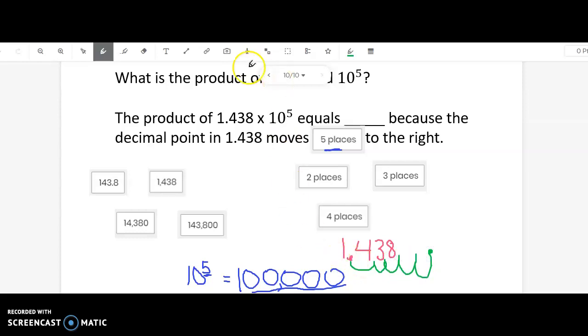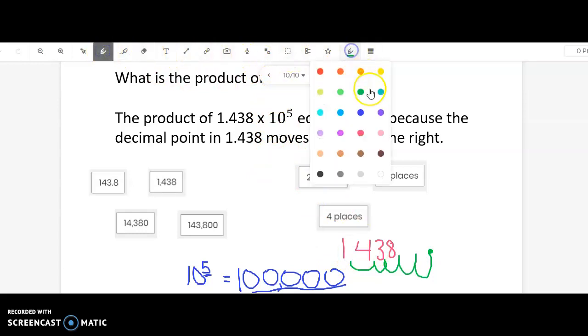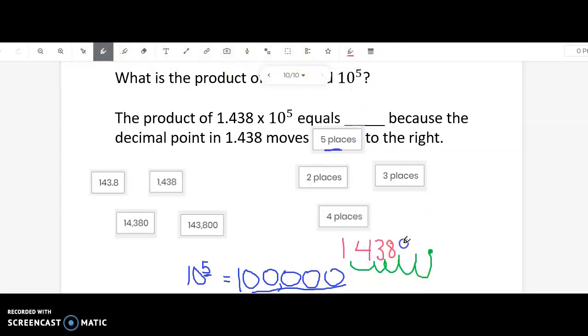Decimal here. I want to try to just erase this decimal, and I'm going to fill in my empty spots with zeros.